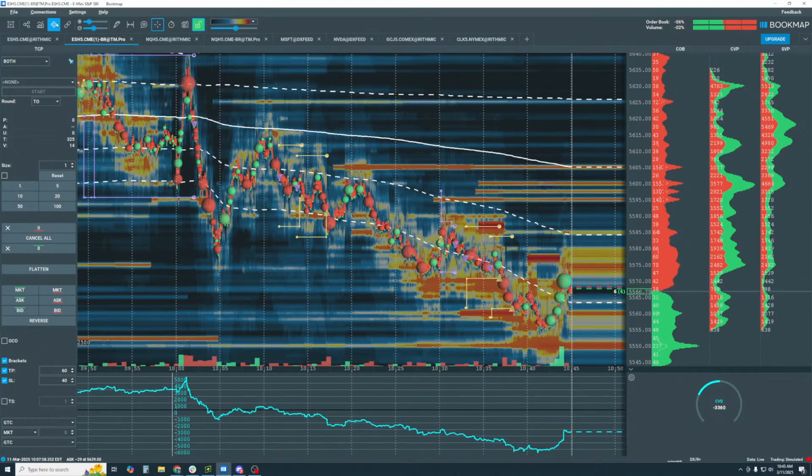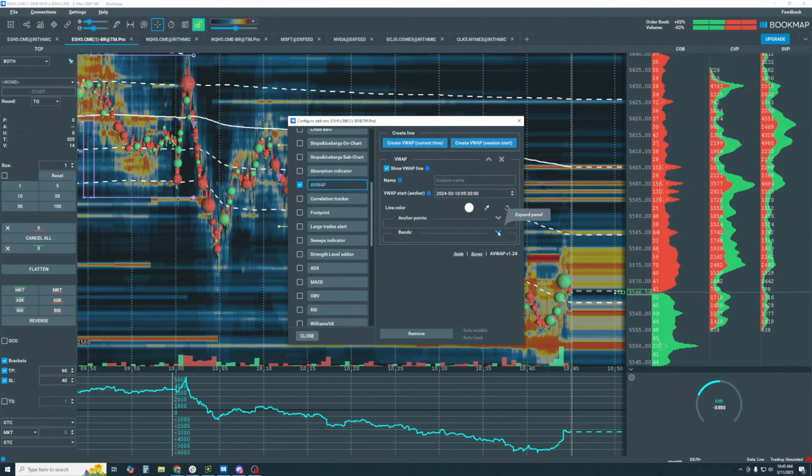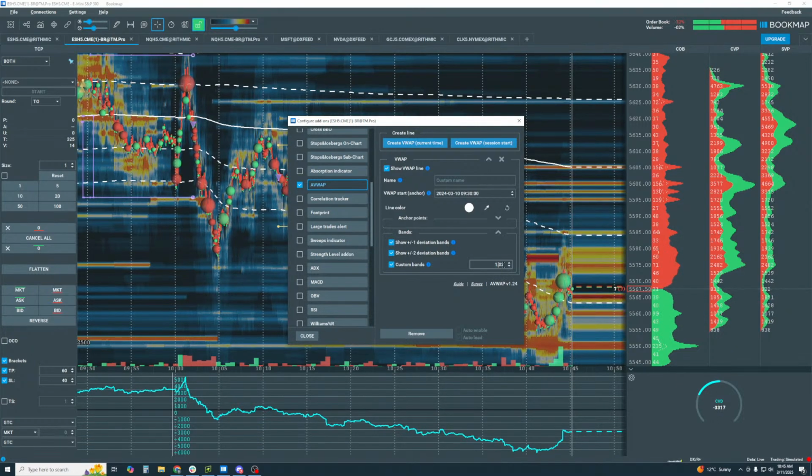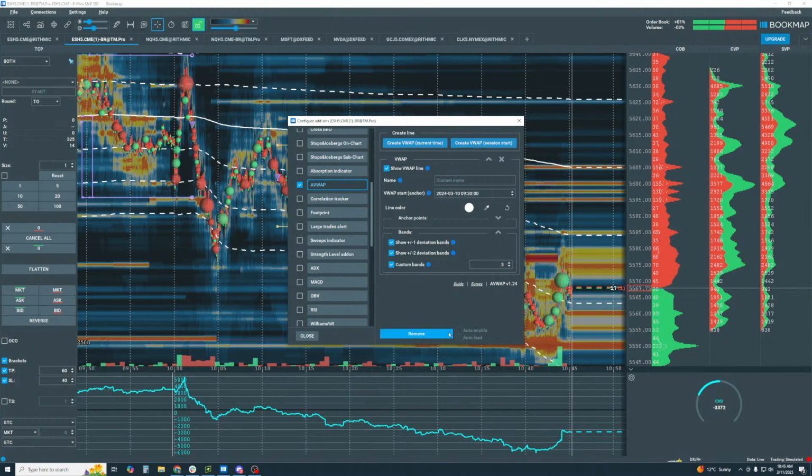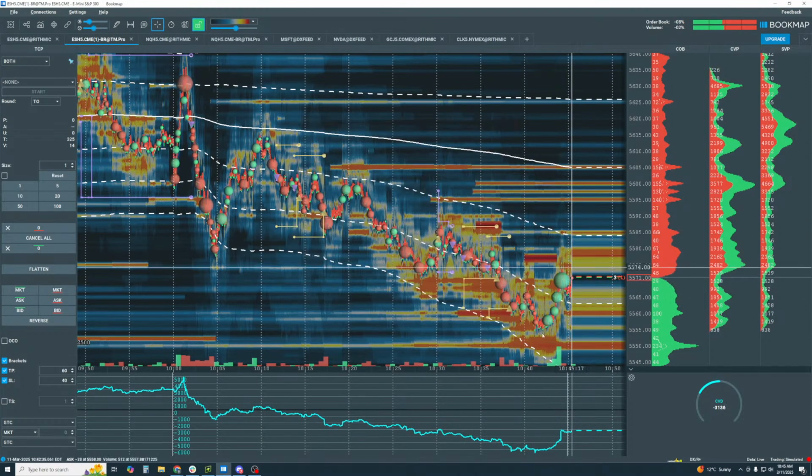In fact, let's see if we can put on another band in here. We'll put in a custom band of 3, and let's see what it looks like. Okay, it might be a little too much, but let's see. Okay, yeah, it's a little too much.